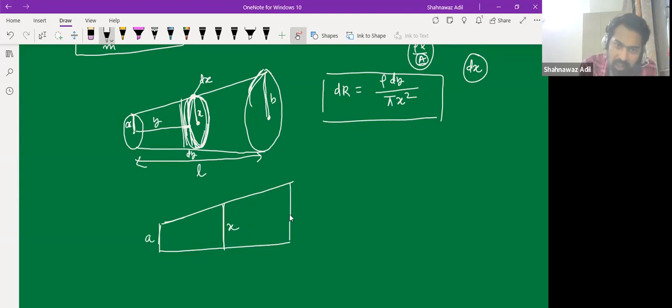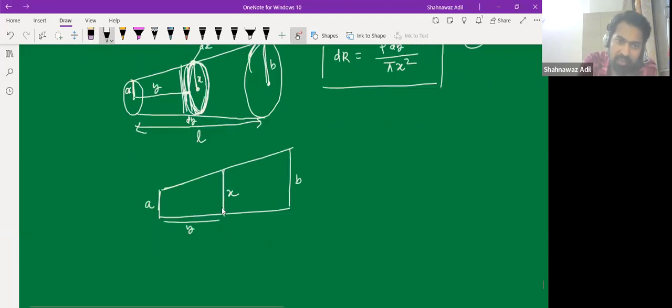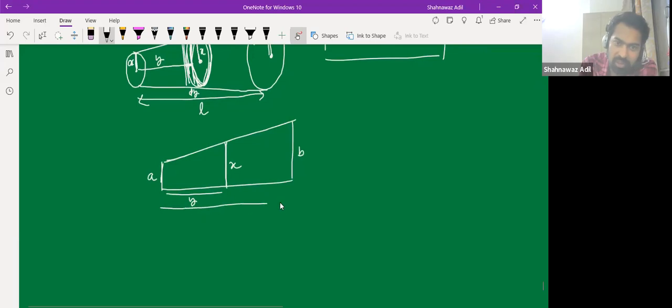This is a. This is b. From here to here, this is y, and from here to here, this is z. So what is the relation that we got from the earlier result? This is the diagram, right?